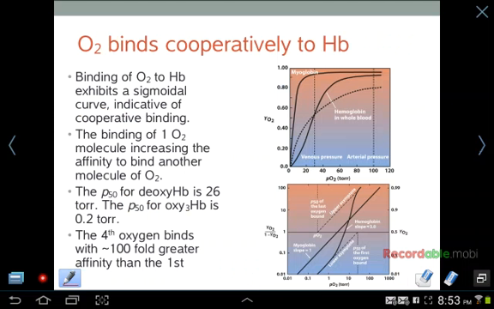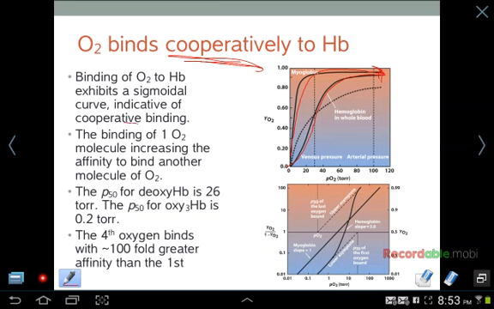So what we find when we look at the binding curves of oxygen to hemoglobin, we see that oxygen shows a cooperative binding to hemoglobin. So remember, here is our myoglobin binder, right? It's hyperbolic. Well, we see instead a sigmoidal curve when oxygen binds to hemoglobin.